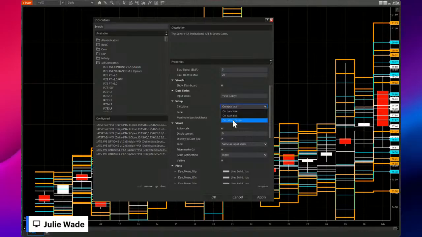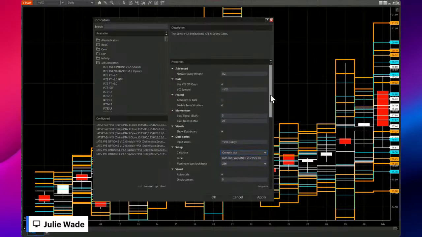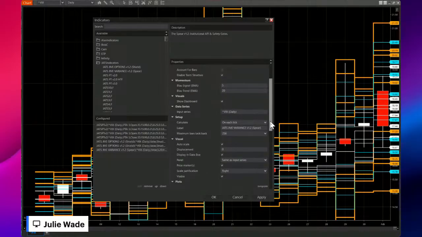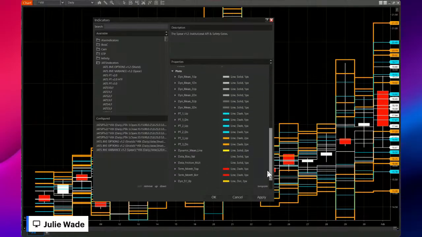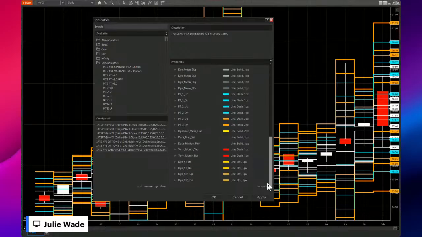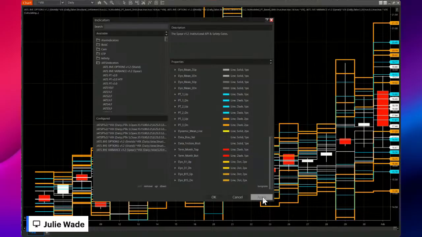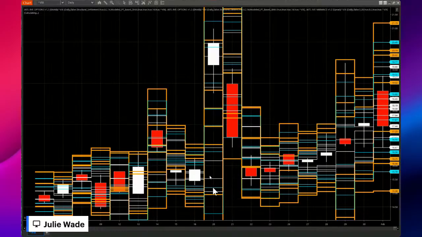I'm sorry. On price. No, we want to stay on each tick. Well, I guess we built it in to spear, so we don't need to do that. My apologies, just on the options. We want it to go off the open. All right. So we'll just apply this, and we'll see that the calculations are running, and then that will add some extra lines to the chart.